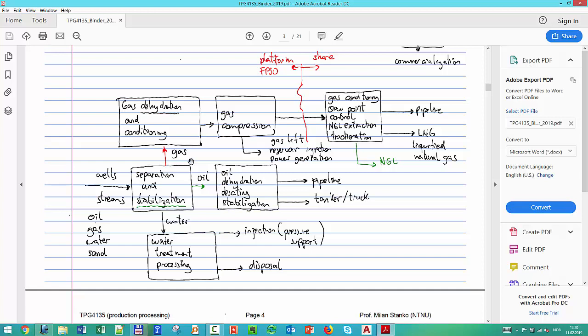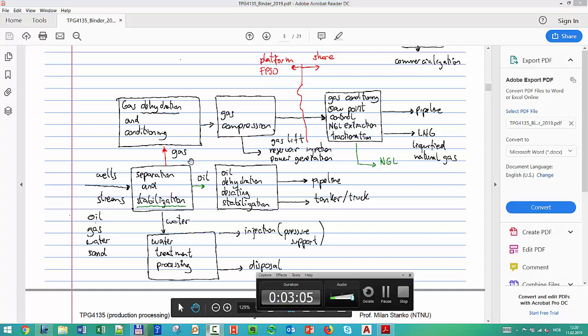It is a very similar process to when we calculate the amount of water in atmospheric air. You know, when it gets cold in the morning, sometimes you get some condensation on the windows. So it's basically the same thing.